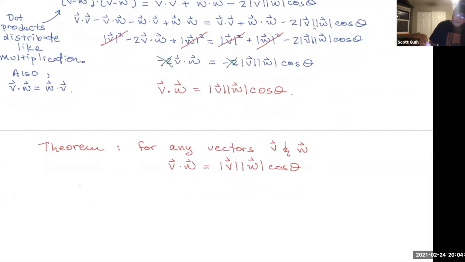Okay, that's the first. To do, obviously, cos theta is v dot w over the magnitude of v, magnitude of w. And so you see, I'm evaluating the cosine of an angle without even knowing what the angle is.